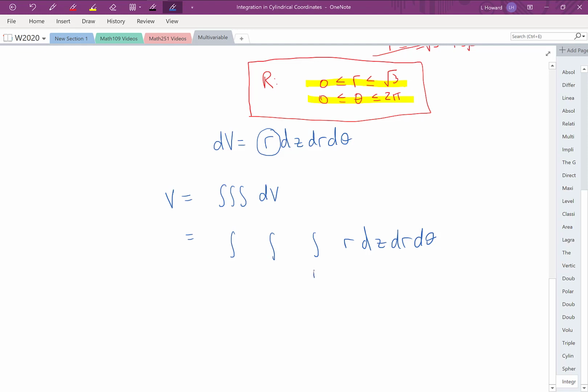So we said z was going from r squared to root 12 minus r squared. Our radius going from 0 to root 3, and our theta value going from 0 to 2 pi. So that's our first example of setting up a volume in cylindrical coordinates.